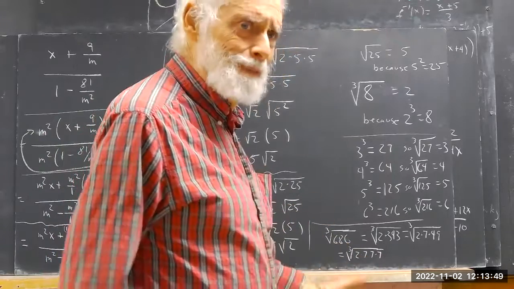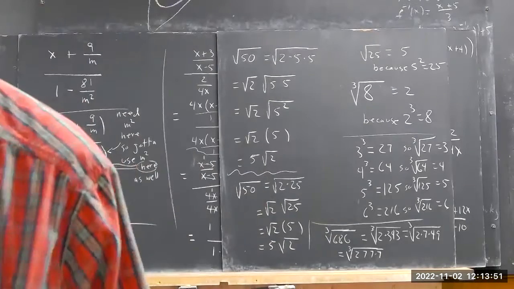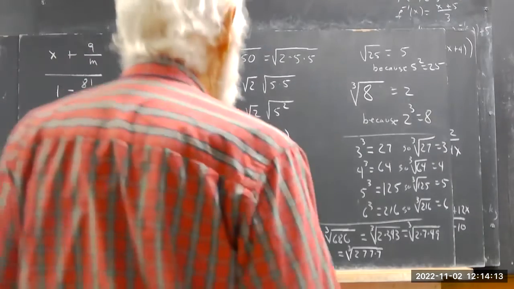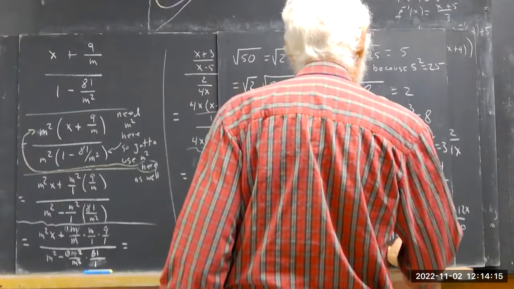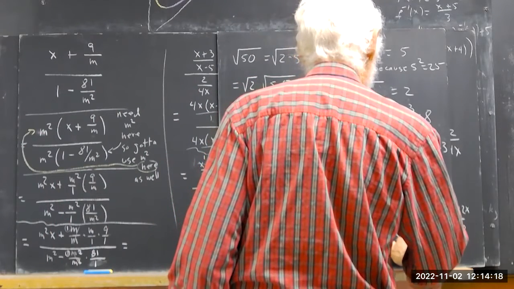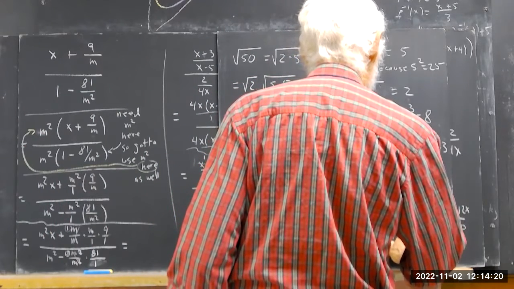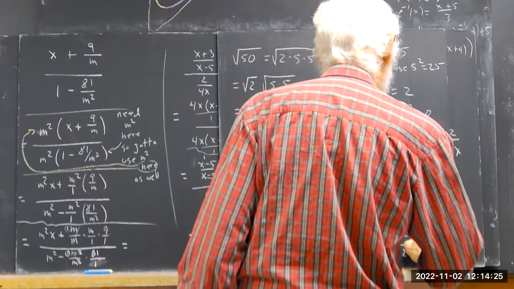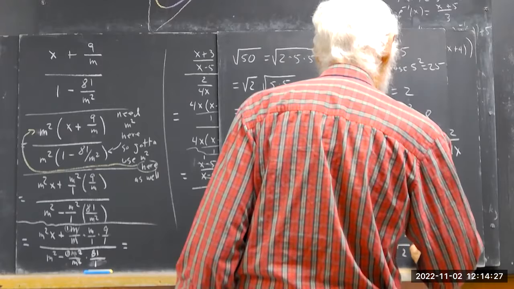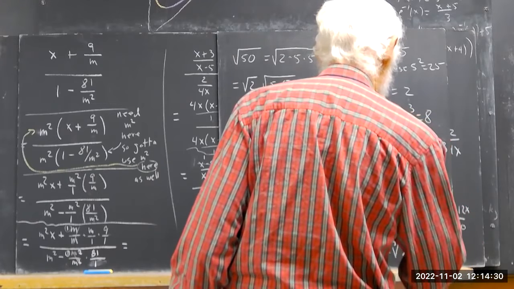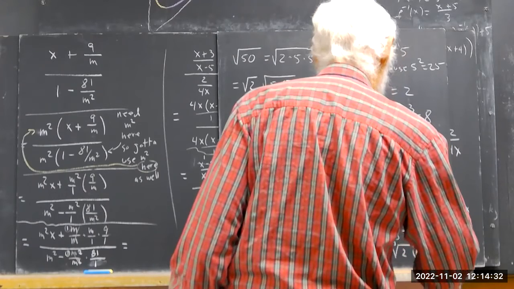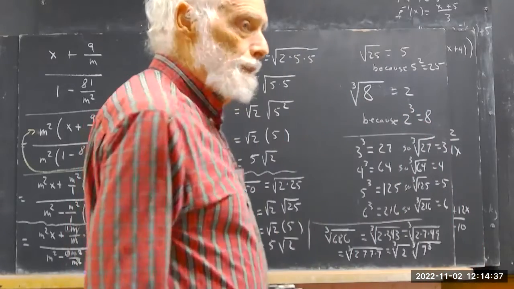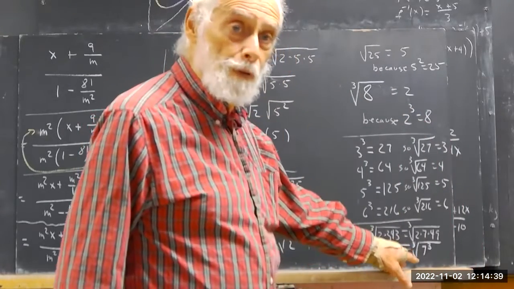Now, what does that suggest to you? We're doing a cube root. So we could write that as the cube root of 2 times the cube root of 7 cubed.